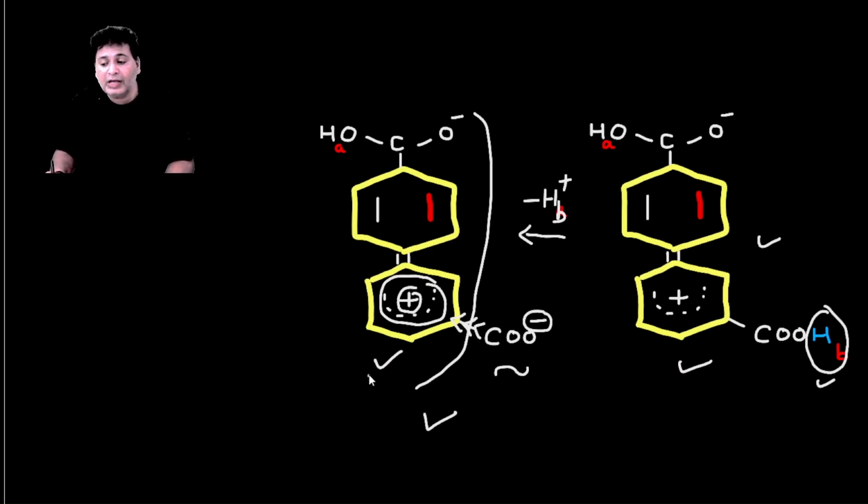So the plus charge in the lower ring will pull this negative charge from the carboxylate group, and therefore will help in delocalizing this negative charge, and therefore the stability of the conjugate base, this anion, will increase, and therefore it will result in higher acidity of hydrogen number B.